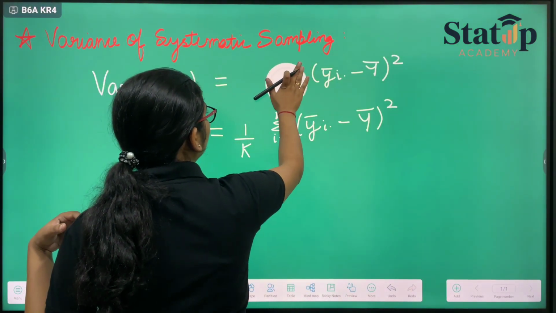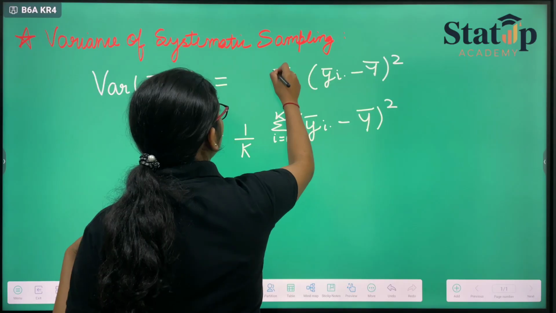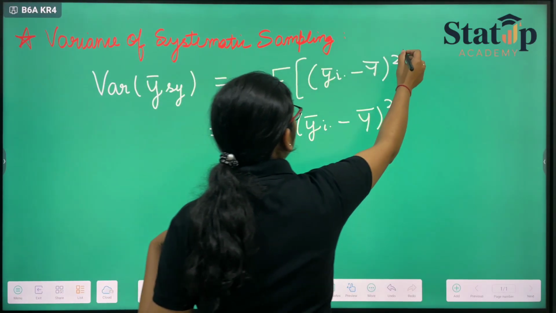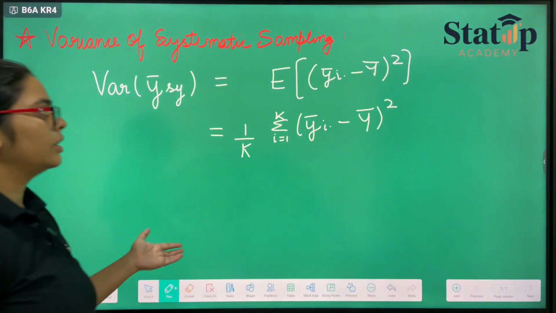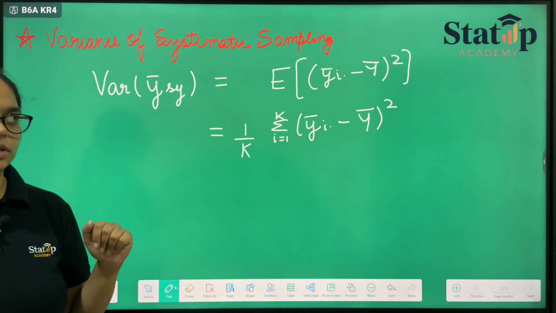Here we can write this as the estimation of this, and here this can be denoted by this.